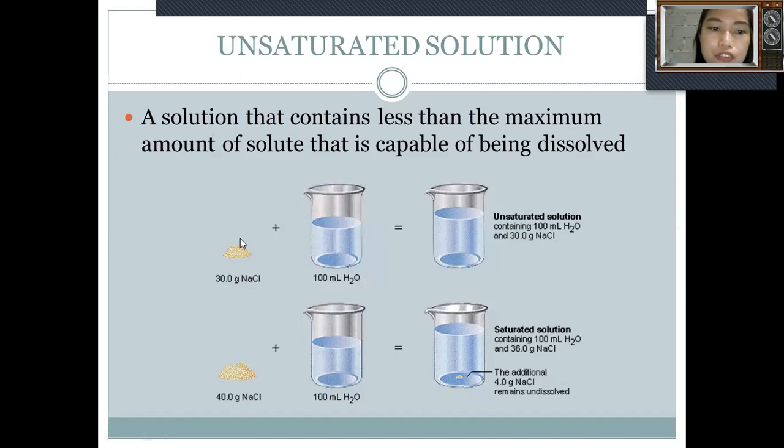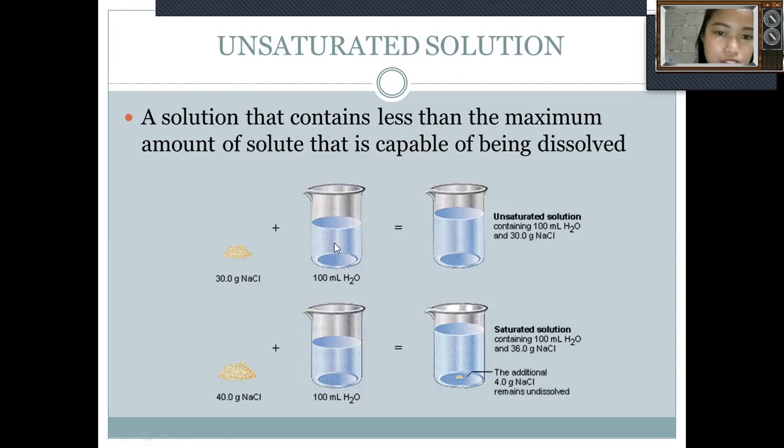What is sodium chloride? That is your salt. Plus 100 ml of water, equivalent to an unsaturated solution. This means that the solution contains less than the maximum amount of solute that is capable of being dissolved.